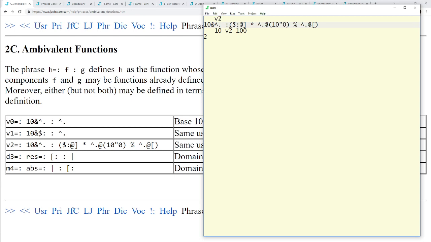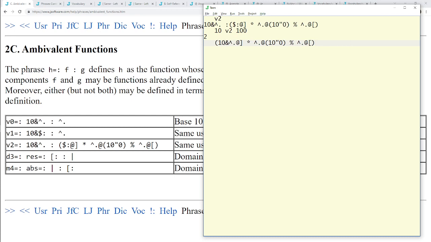So I don't think this is going to work, but what I'm going to do is take the right side, the dyadic case, and I'm just going to take our self-reference and substitute in 10 with logarithm. Now, I'm not sure that will work.